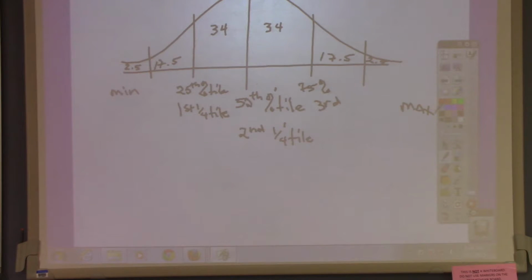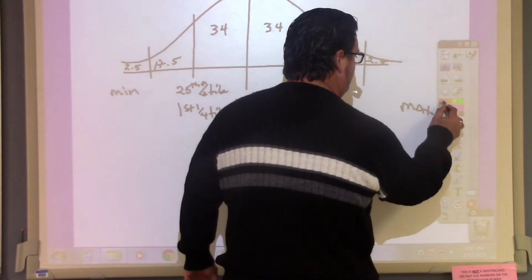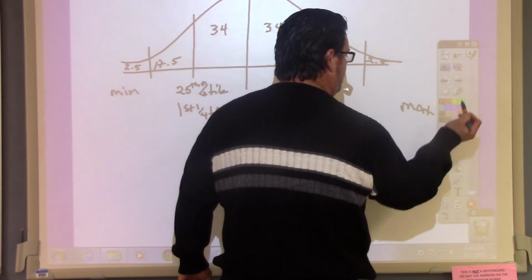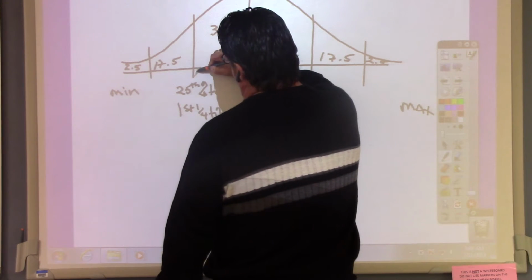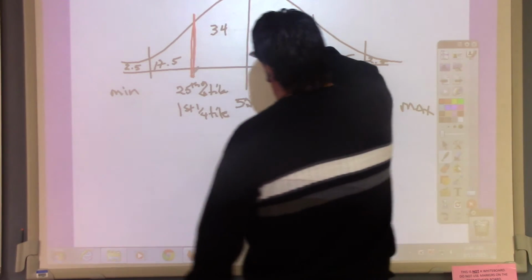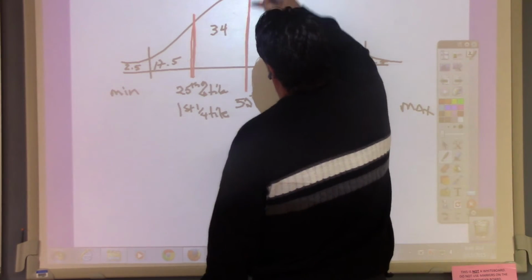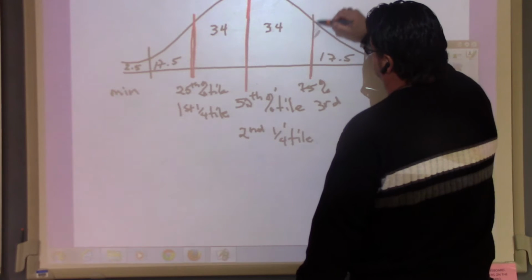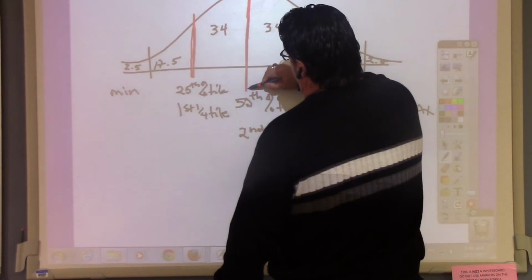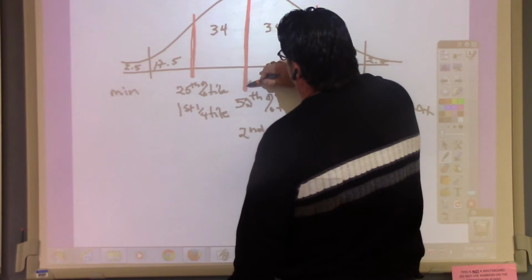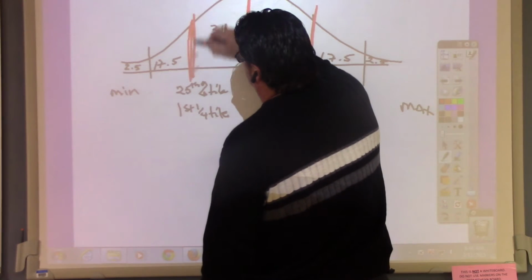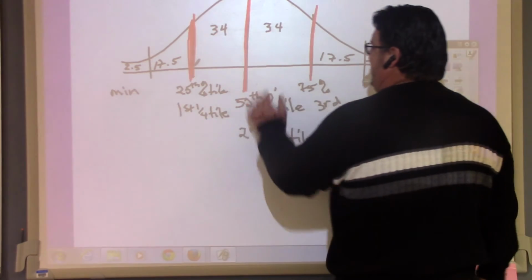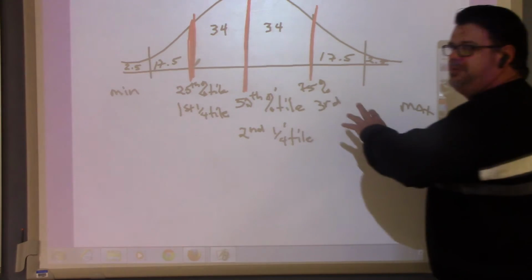All right, now, when we talk about percentiles and quartiles, you know what it's in relation to. It's in relation to these three guys right here. Now, I want to say it again loosely. I'm not saying that these three marks are exactly at the 25th, 50th, and 75th percentile.